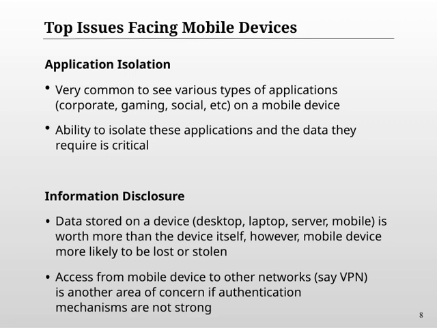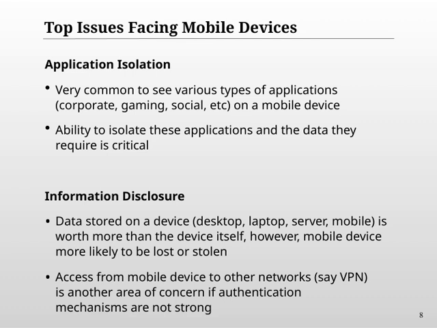Now, moving on to information disclosure. The data stored on a device, whether it's a desktop, laptop, server, or mobile, is often more valuable than the device itself. But with mobile devices, there's a higher risk because they are more likely to be lost or stolen. This makes protecting that data even more important. Additionally, when mobile devices access other networks, like through a VPN, there are additional concerns.